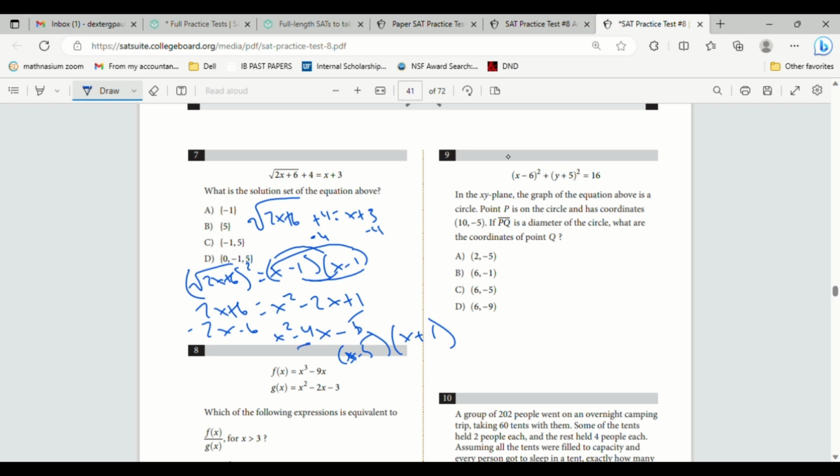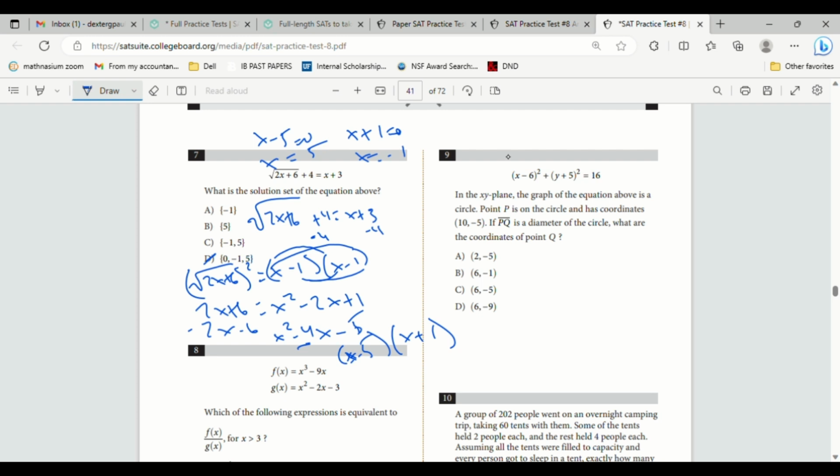And then I can solve, so x minus 5 equals 0, x plus 1 equals 0, so x equals 5 and x equals negative 1. So you would think you jump to C. Well, D is not right because 0 is not an answer. So you think to jump to C, but we have to actually plug in our two answers just to make sure that they're actually correct.